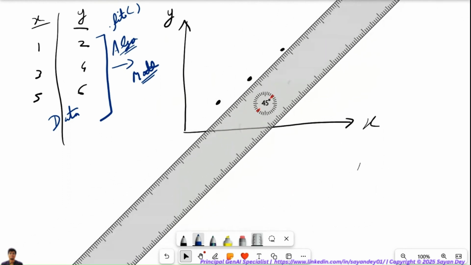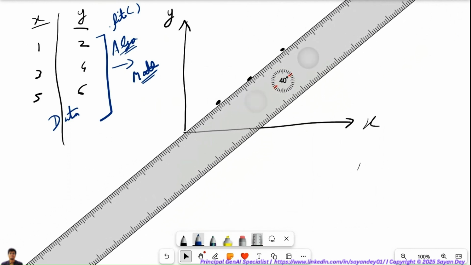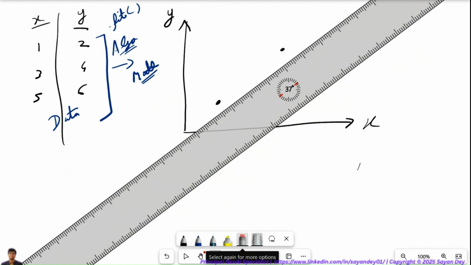So given this data, we are trying to find out what is the line that best fits the points, right? I know this doesn't look perfect. Let me just try to realign the points a little. Yeah, don't worry. This 1, 2 will be somewhere here actually, a little raised. 3, 4 will be a little raised. Otherwise, actually, my line was passing through the origin, which is not right.